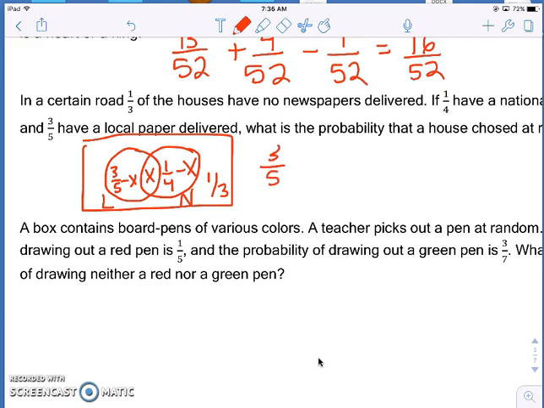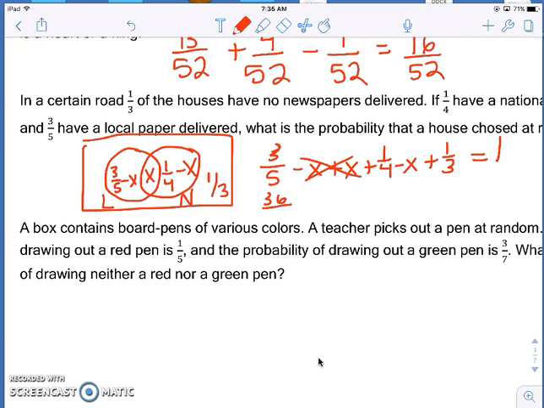So 3/5 minus X plus X plus 1/4 minus X plus 1/3. Well, our total has to be 1. So let's see, we need a common denominator here to add these fractions. We could do 60, so times 12.